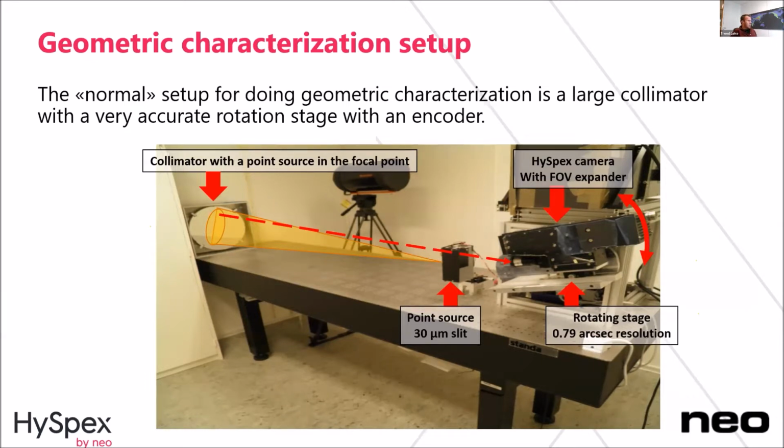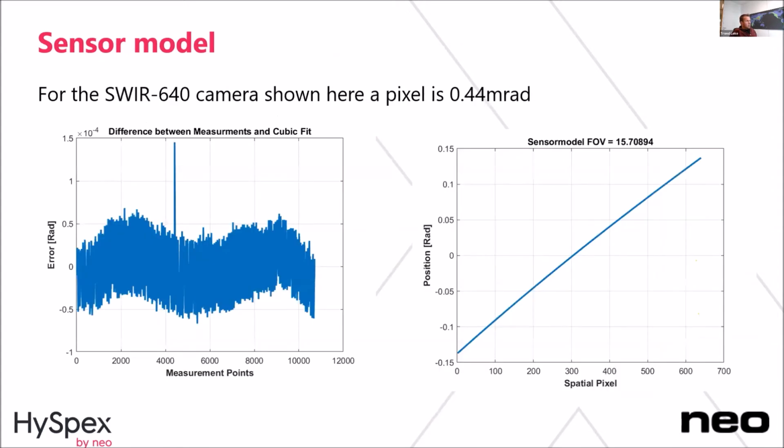Based on that, and on having a very high accuracy rotation stage with a very sensitive encoder, here 0.79 arc-second resolution, which is better than 1/100th of a pixel, you can make a sensor model telling you the direction of each pixel.